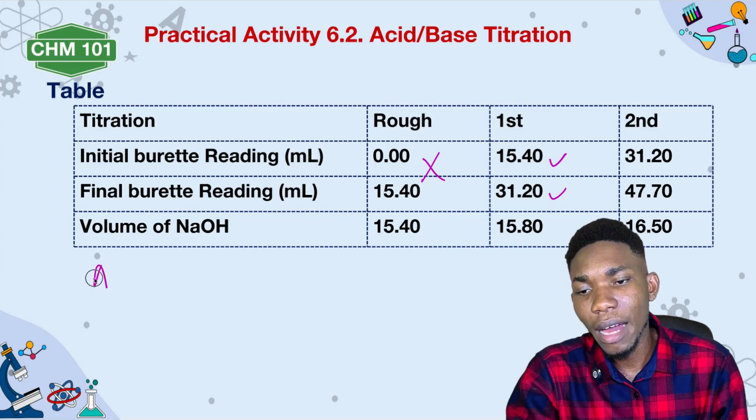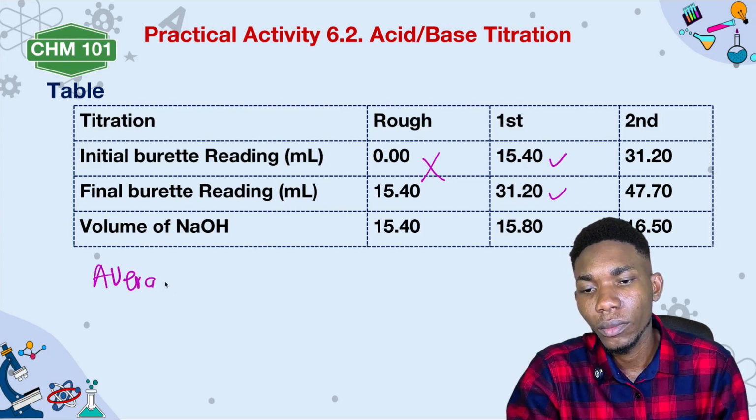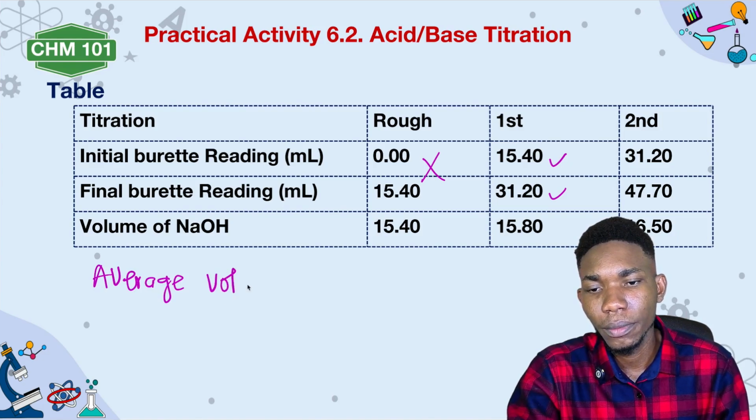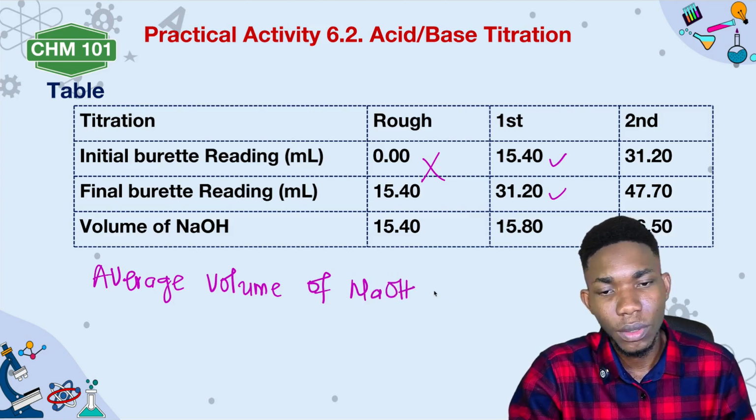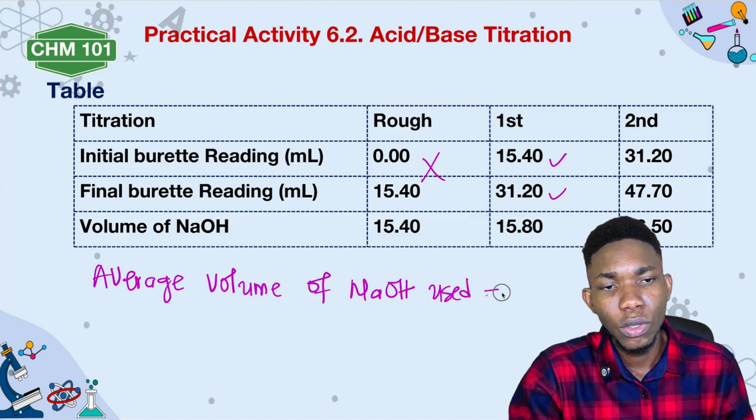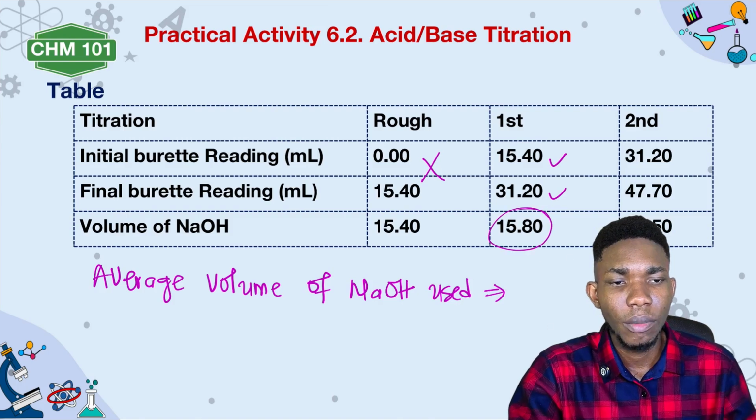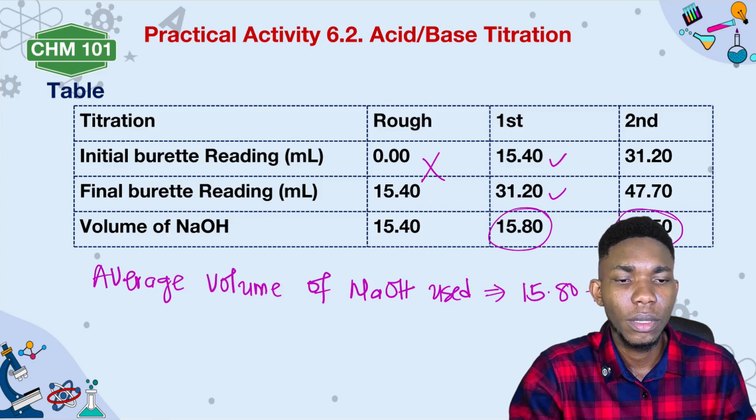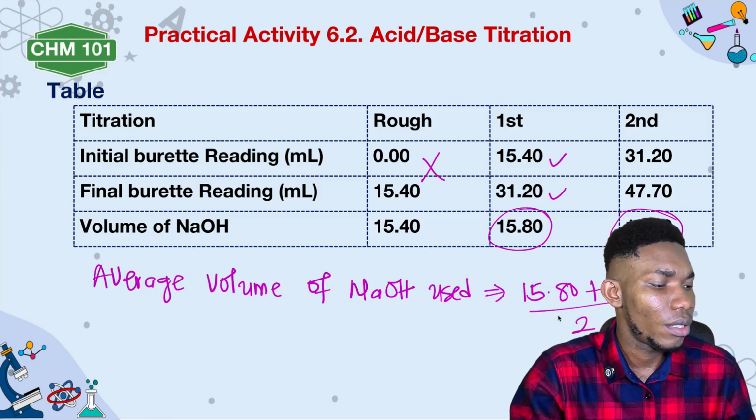So you are now going to write average volume of sodium hydroxide used, my dear student, would be the volume for the first titer plus this one divided by 2, which will be 15.80 plus 16.50 all divided by 2.